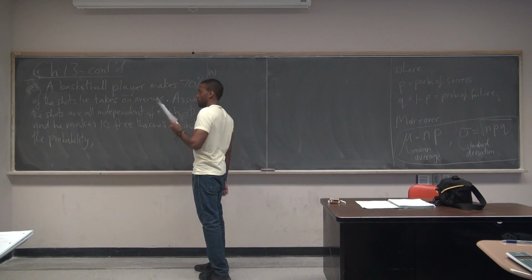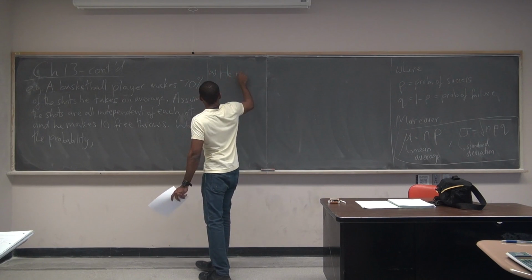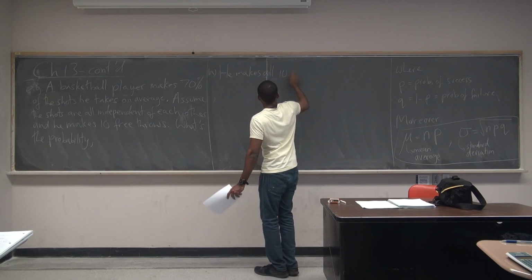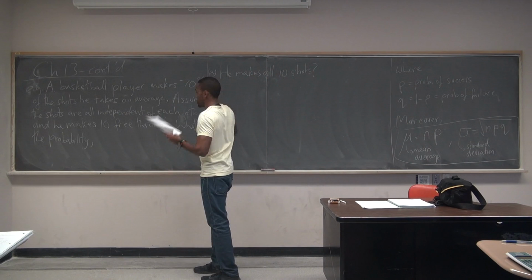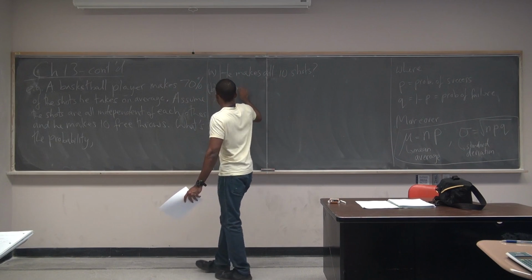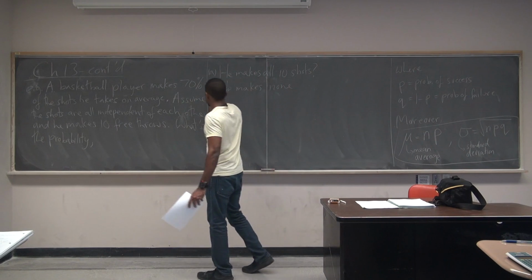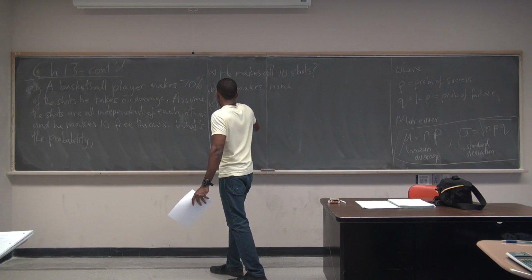A. He makes all 10 free throws. B. He makes none. He misses all of them. C. He makes exactly 2 of them.